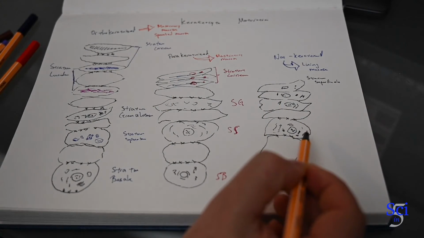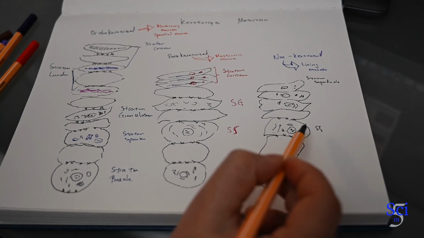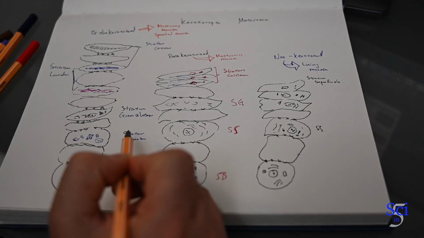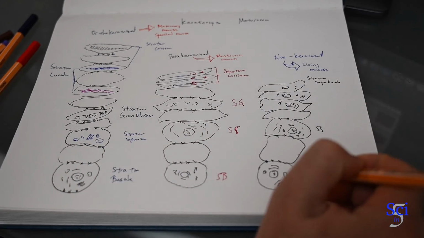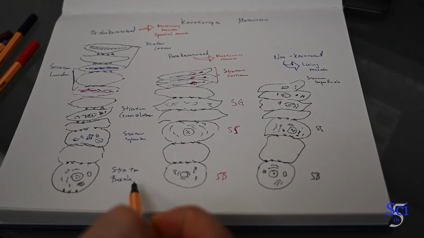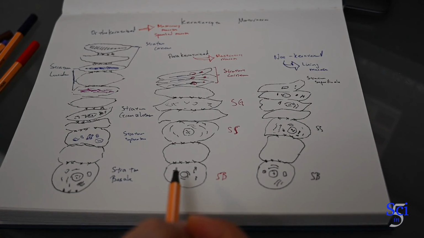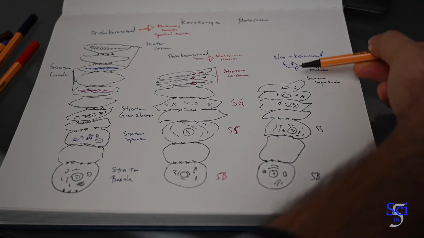So we're going down to the stratum spinosum, which is this layer right here. Same as before, we have large cells and intercellular junctions, and the stratum basale, which has large cells and is where cell division happens. So really our only difference is from here up.